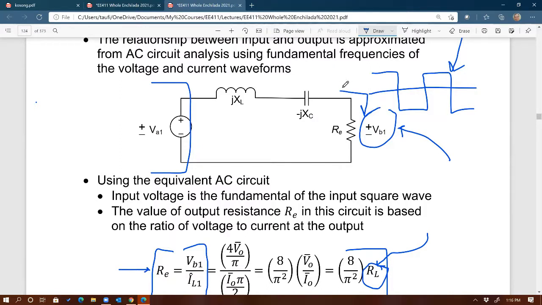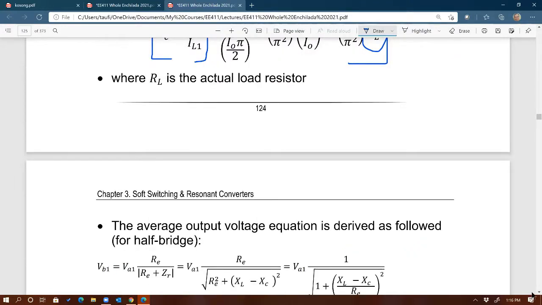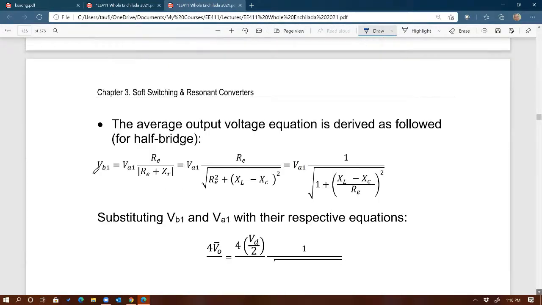So you can see that this voltage across RE is a fraction of the entire voltage right here. So by using the voltage divider equation, I know that VB is equal to VA times RE divided by the total impedance right there.